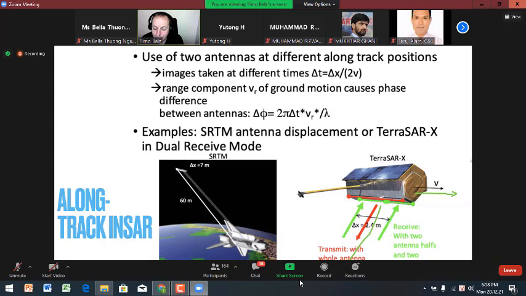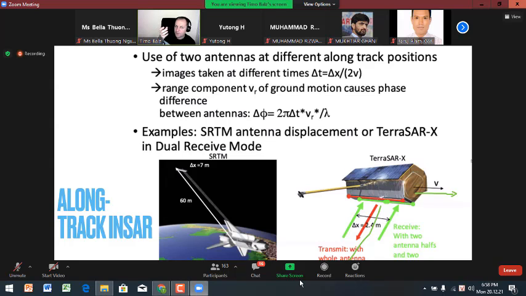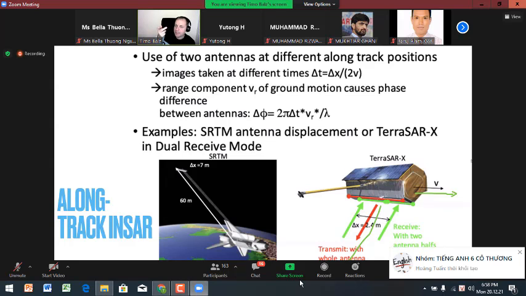If we think about our satellite, TerraSAR-X is going around, comes back to the same place in the same orbit after 11 days. So the speed of things that we measure would be something that moves about a centimeter in 11 days.